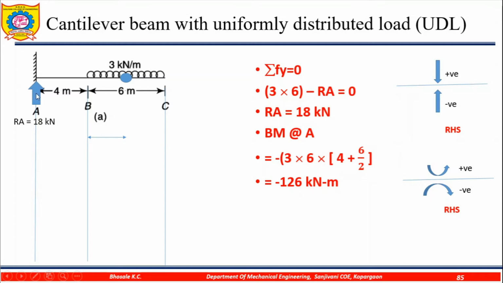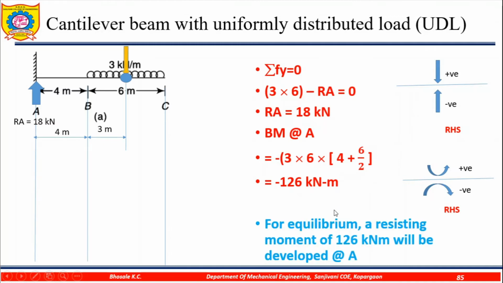We have to find the bending moment about the point A, so we find the distance from A to the midpoint of the UDL. Here it is 4 plus 6 by 2, that is 4 plus 3, that is 7. So that is minus 126 kilonewton meter. That is the bending moment due to the UDL.